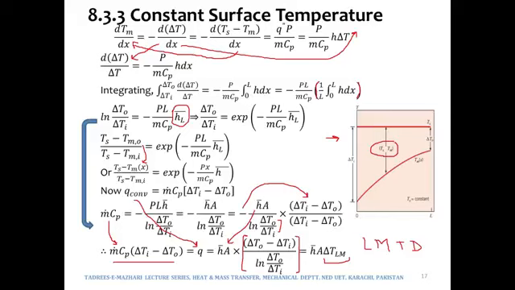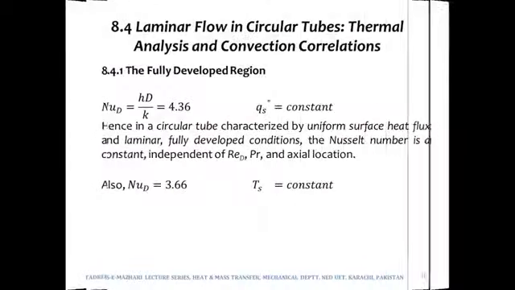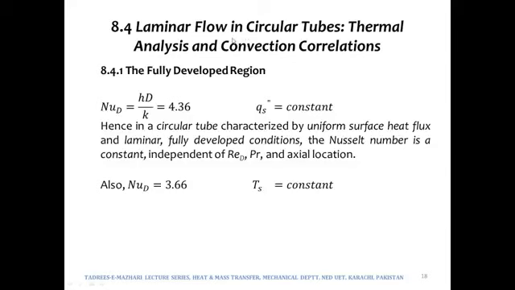Okay. Now for laminar flow in circular tubes in the fully developed region, the Nusselt number is given as 4.36 for the constant heat flux case, and 3.66 for the constant temperature case.